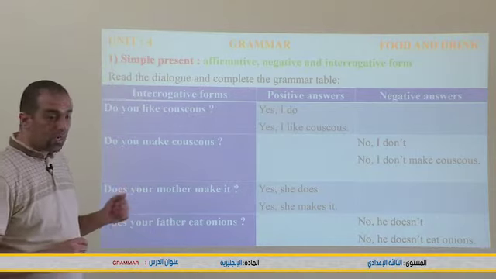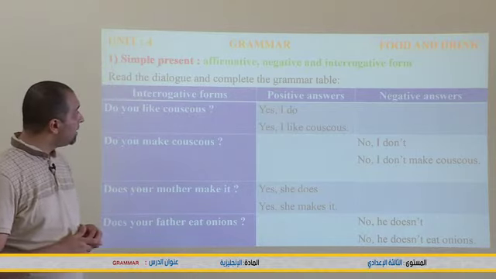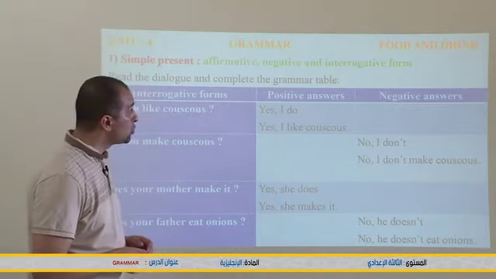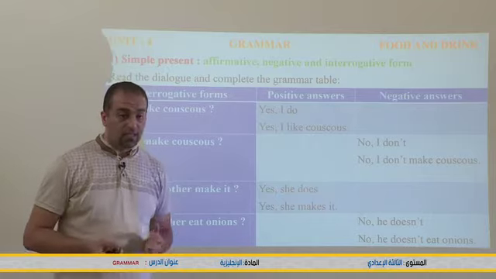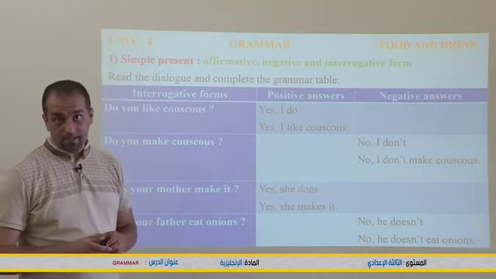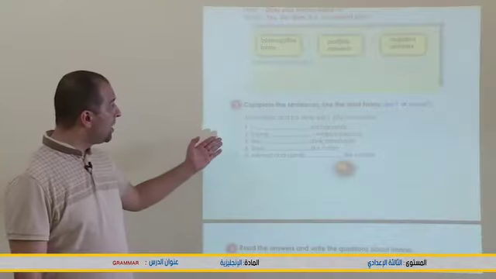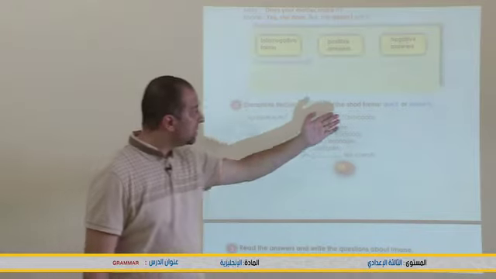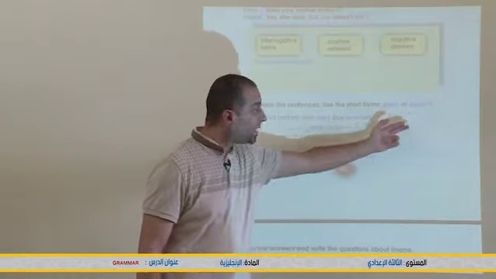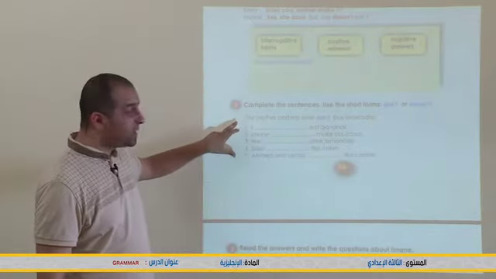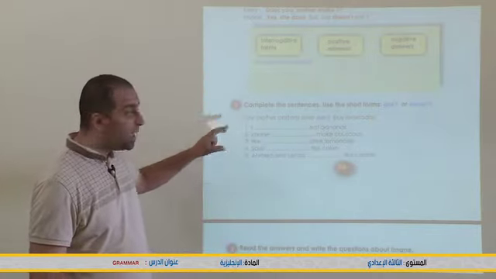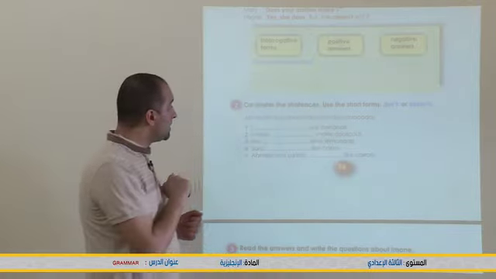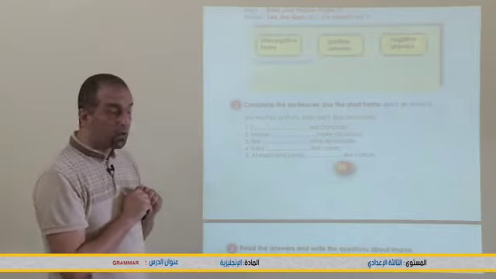So let's correct. Then we move to the next exercise about the short form negative, don't and doesn't. So number 2, it's about the negative short form, don't or doesn't. So try to write these sentences in your copybook and complete them with don't or doesn't. Here is an example given to you.